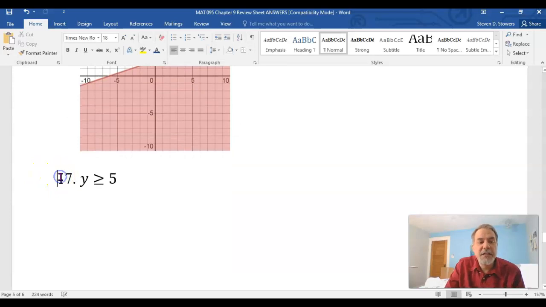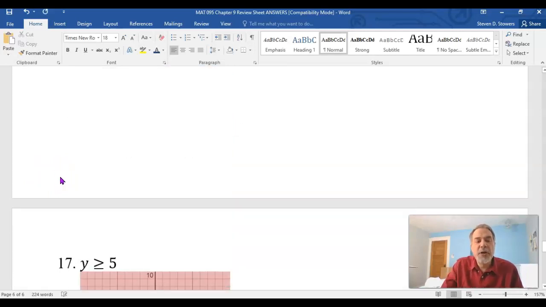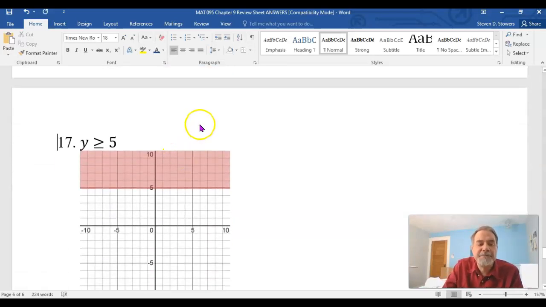And 17, y is greater than or equal to 5. So the line where y is equal to 5 would just be this horizontal line here, the one that just goes right straight across. All the points on this line have their y coordinate equal to 5. And I made it a solid line because we are including the points where y is equal to 5.